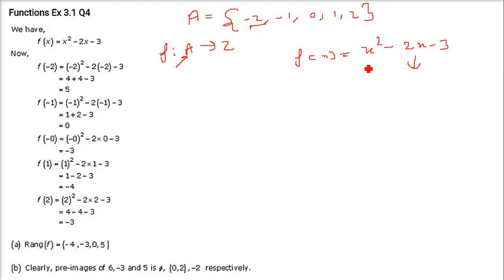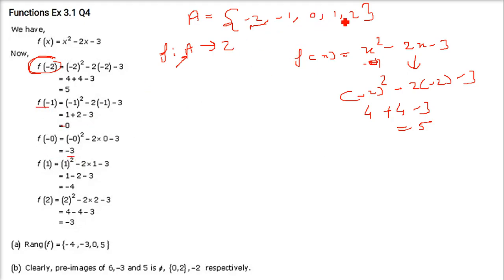I'll put x as -2: (-2) whole squared is 4, minus times minus is plus, so 4 plus 4 minus 3, 8 minus 3 is 5. So you get f(-2) as 5. Now you put -1, f(-1) will be 0. You put 0, f(0) is -3, f(1) is -4, and f(2) is -3.